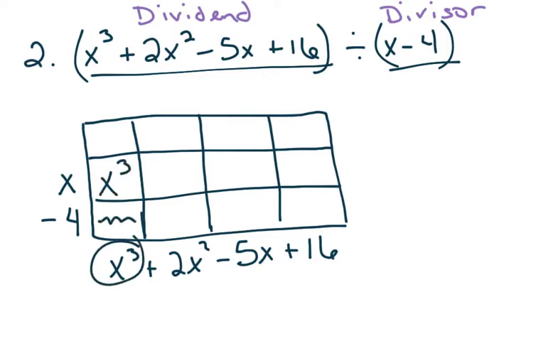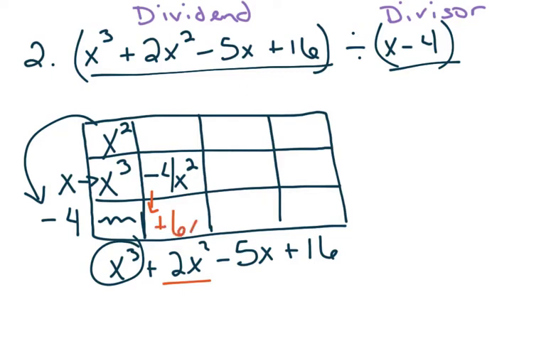We're not going to worry about that box. x times what would give me x cubed? x squared. So x squared times negative 4 is negative 4x squared. Now I am going to focus here. Negative 4x squared plus what would give me positive 2x squared? That would be a positive 6x squared.